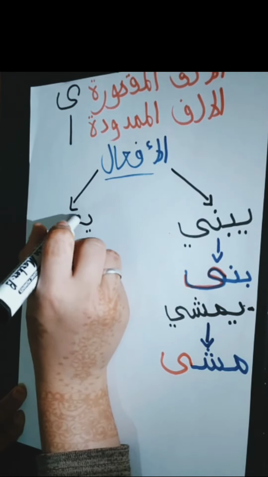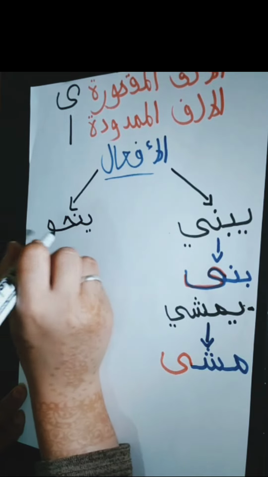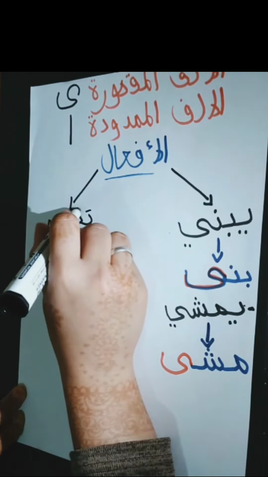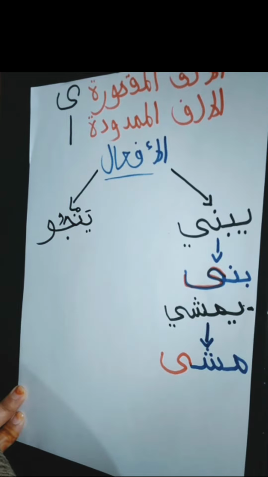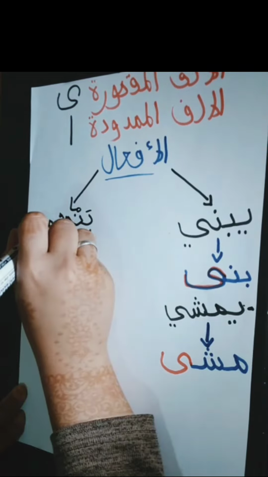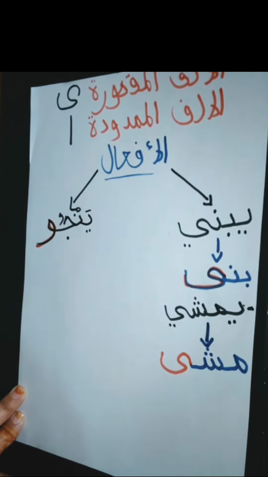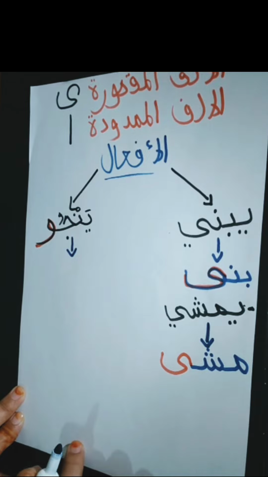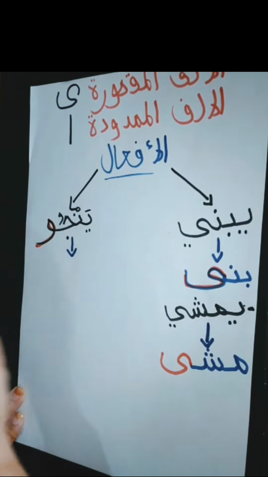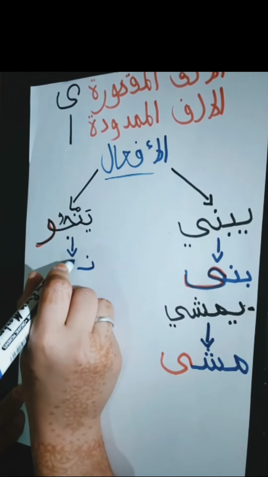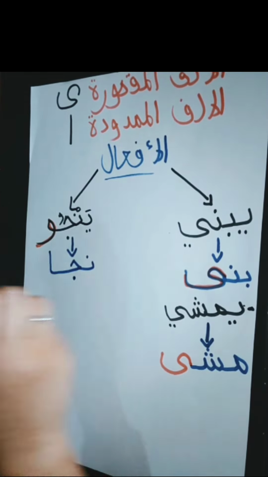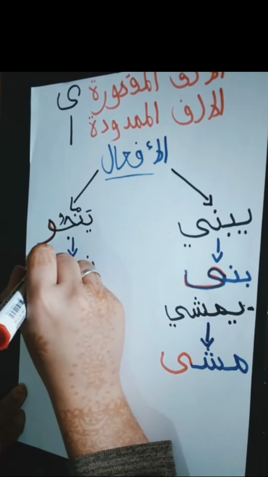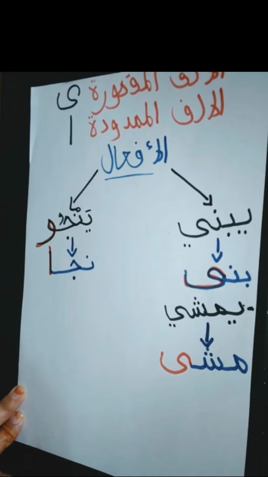I put this verb in present tense, and we can see that it ends with الواو. If a verb ends with الواو in present tense, then we should write the end of this word with الألف الممدودة, then it's نجا. نجا is the former of this verb, and if we put it in present tense, it becomes ينجو.